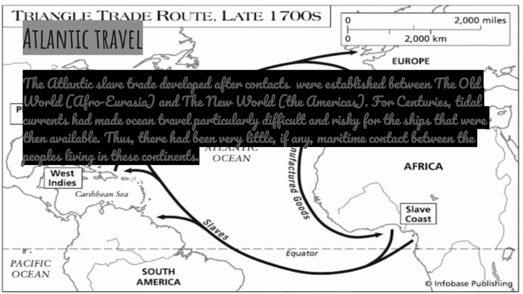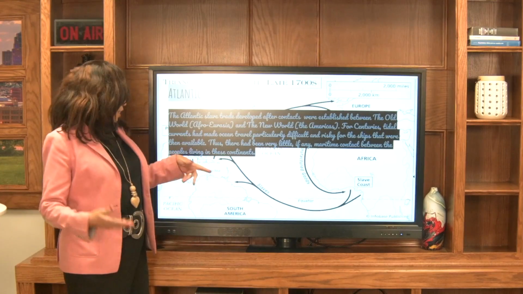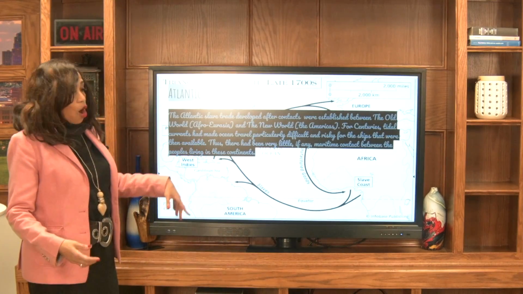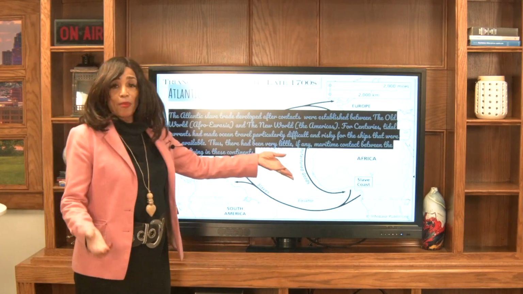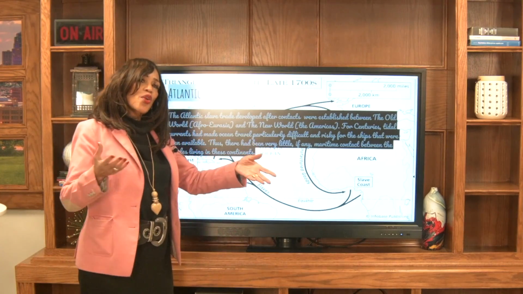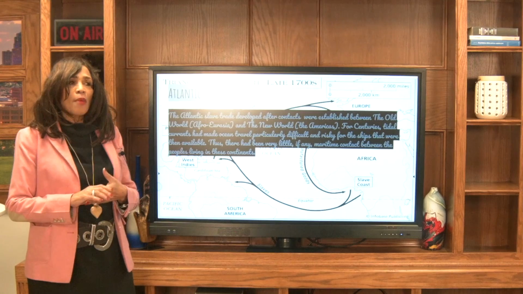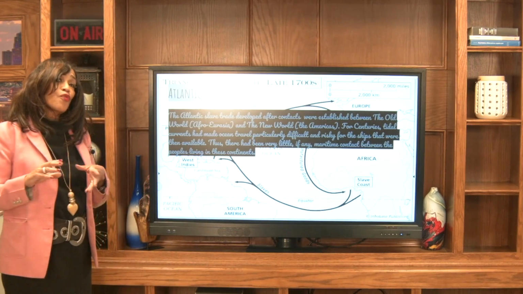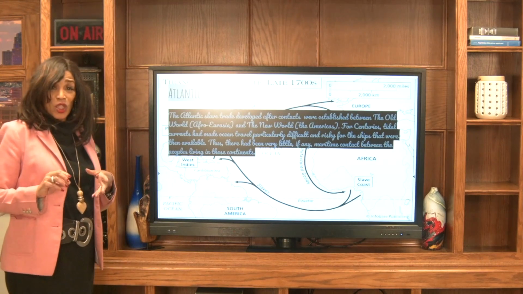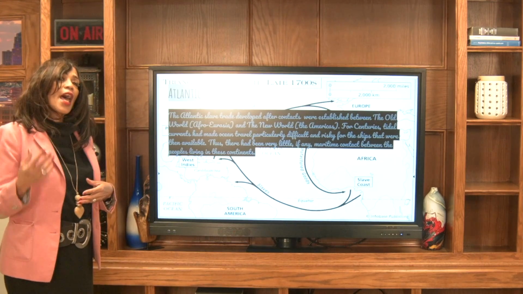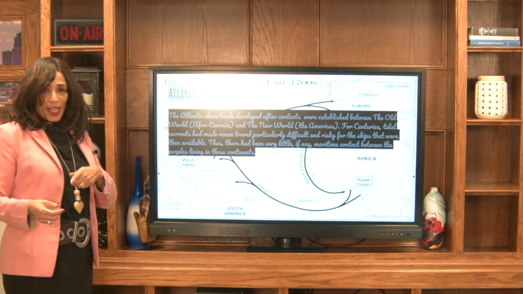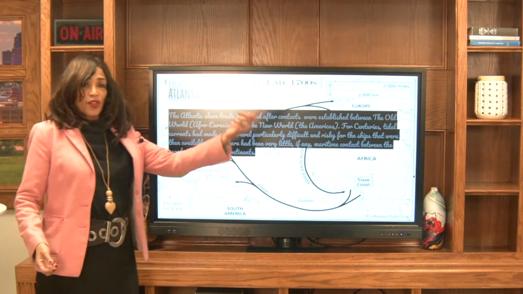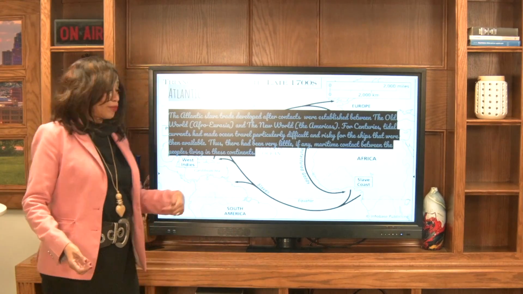There was an Africa or Afro-Eurasia contact through the old world and the new world, the Americas. So once again, there was some trading going on, but not a whole lot, because before the 1400s or during the 1400s, a lot of the vessels or ships did not have the power to make it from the Americas over to the continent of Africa.